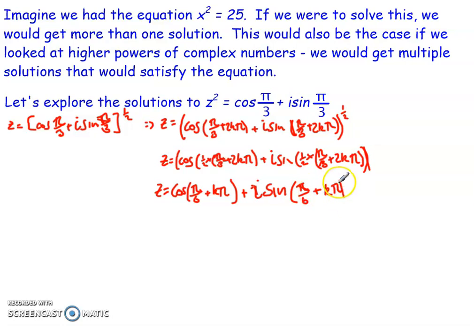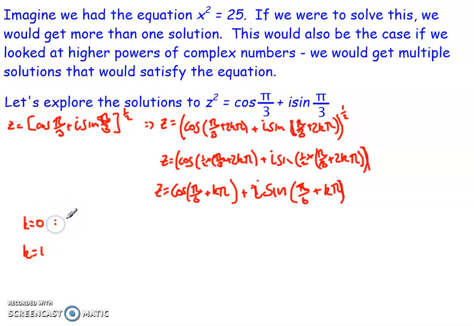And what I can now do is go through the number of k's that I want to get my solutions. Now remember, k goes from 0 all the way up to n minus 1. So in this one I'm going to investigate k equals 0 for my first solution and k equal to 1 for my second solution.